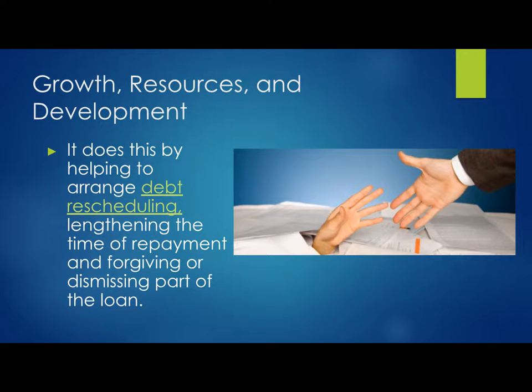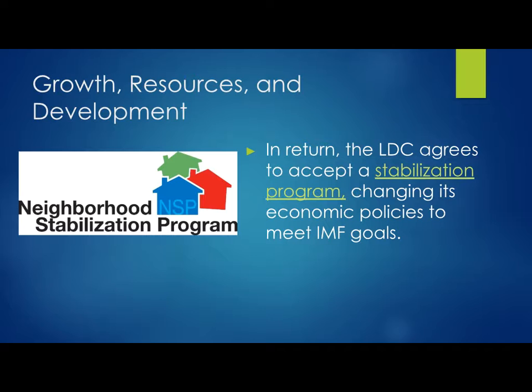It's the same kind of thing, except on a much larger scale. In return for accepting help from the International Monetary Fund, a less developed country has to accept a stabilization program, and it'll pretty much have to do what the International Monetary Fund says economically, like where to focus your resources.